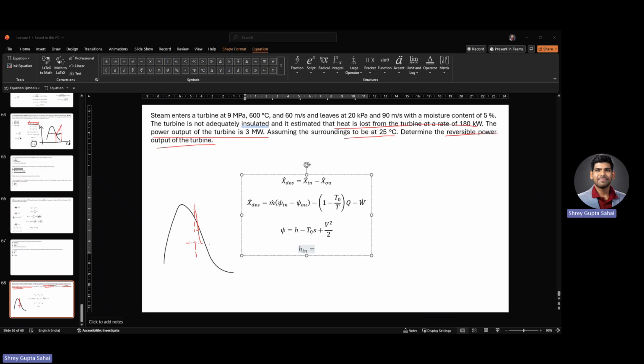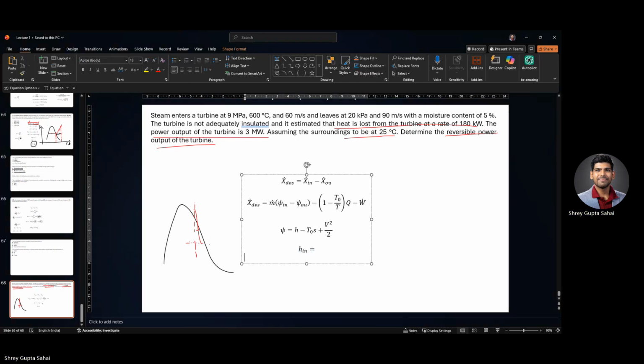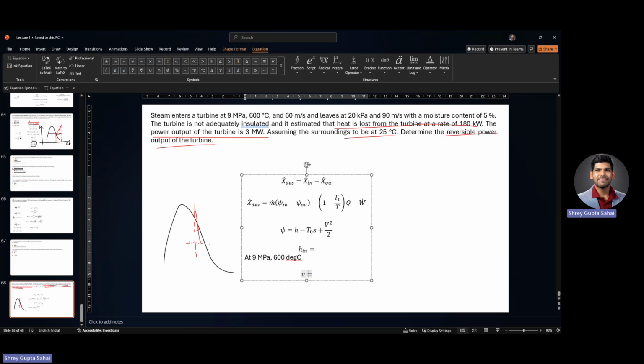So corresponding to that, I have a few data. At 9 megapascals, 600 degrees Celsius, we have a few things to note. V is 0.042861 meter cube per kg.